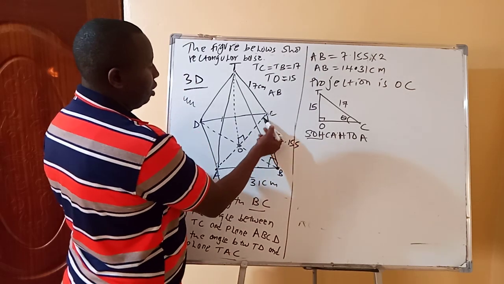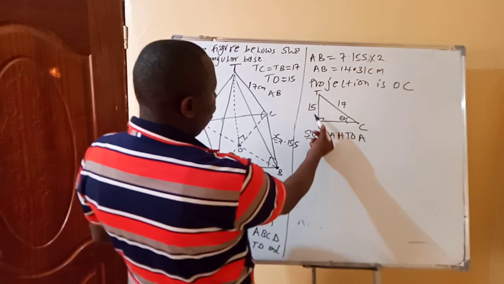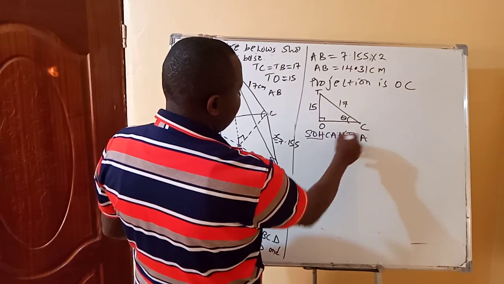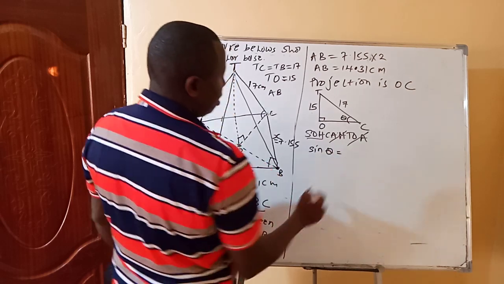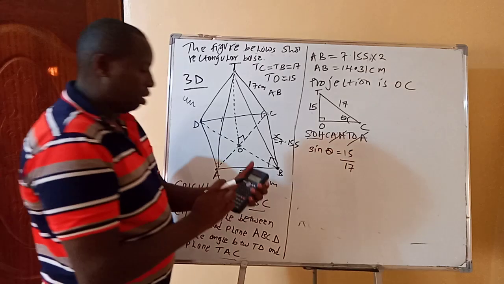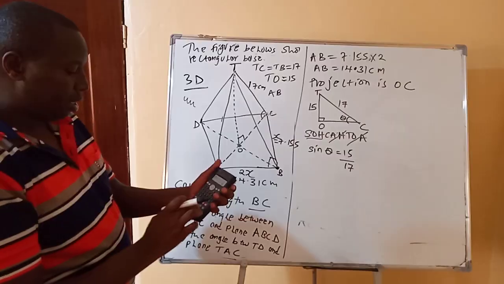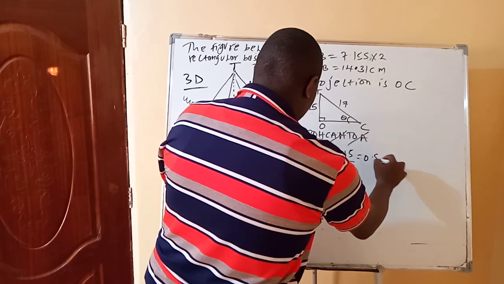So you can use those because you require this angle. You say opposite over hypotenuse, and leave the adjacent side. So sine theta is equal to opposite over hypotenuse, which is 15 over 17. 15 divided by 17 gives 0.8824.